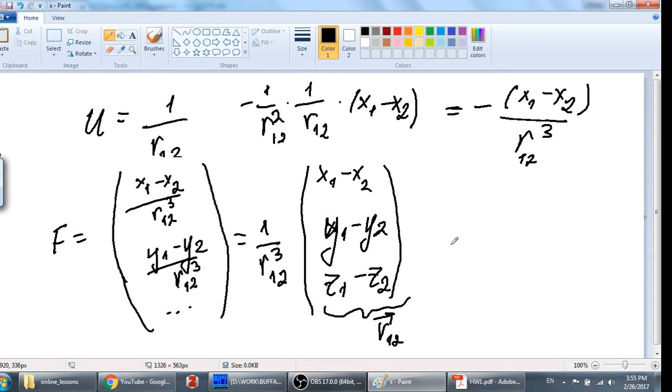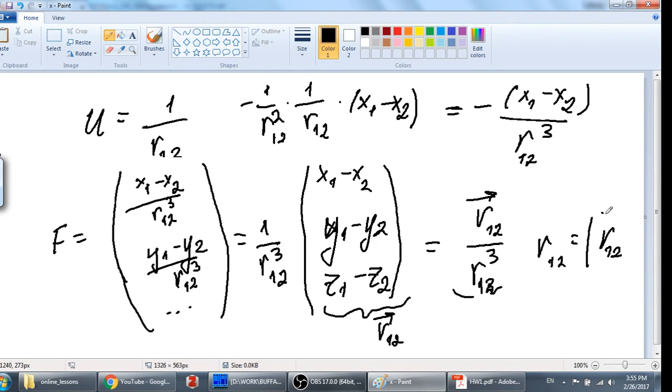So eventually you get the vector r12 divided by r12 cubed. Here you don't have a vector, because that means it is a scalar, an absolute value, the magnitude of that vector. Okay, so that was problem number 1.